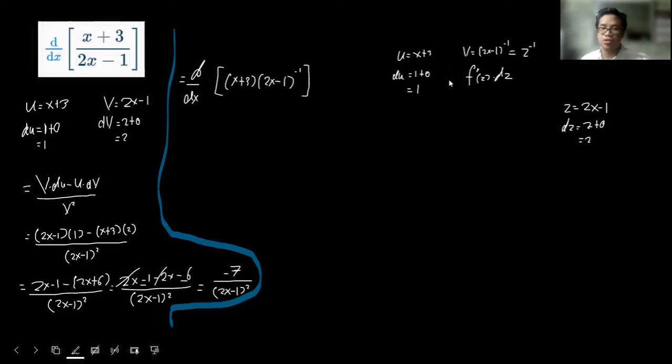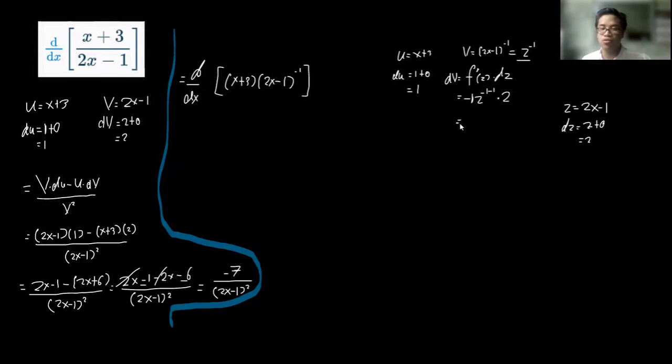So this is dv. So f prime of z, basically the derivative of z raised to negative 1. Again, just copy the exponent, which is negative 1, times your variable, then the exponent above subtracted by 1, then times your dz, which is your 2.